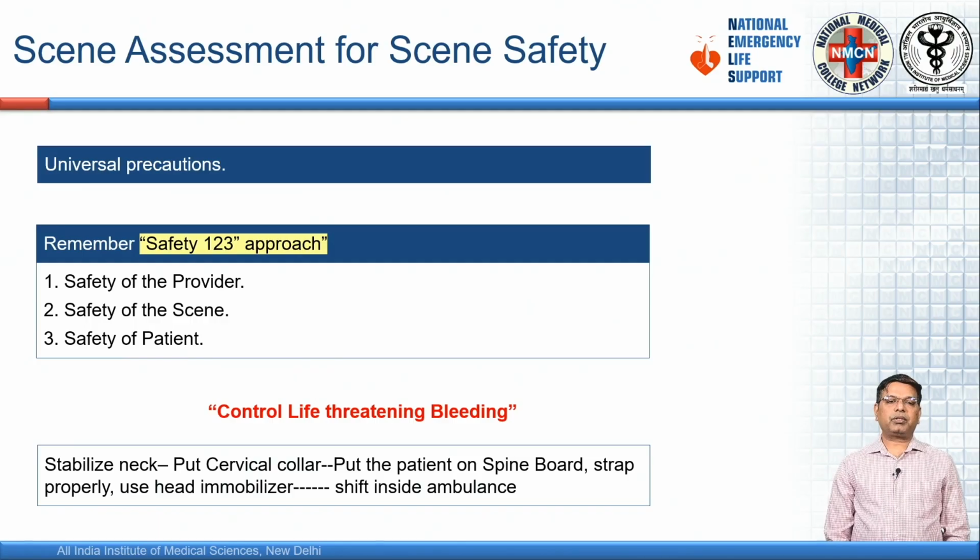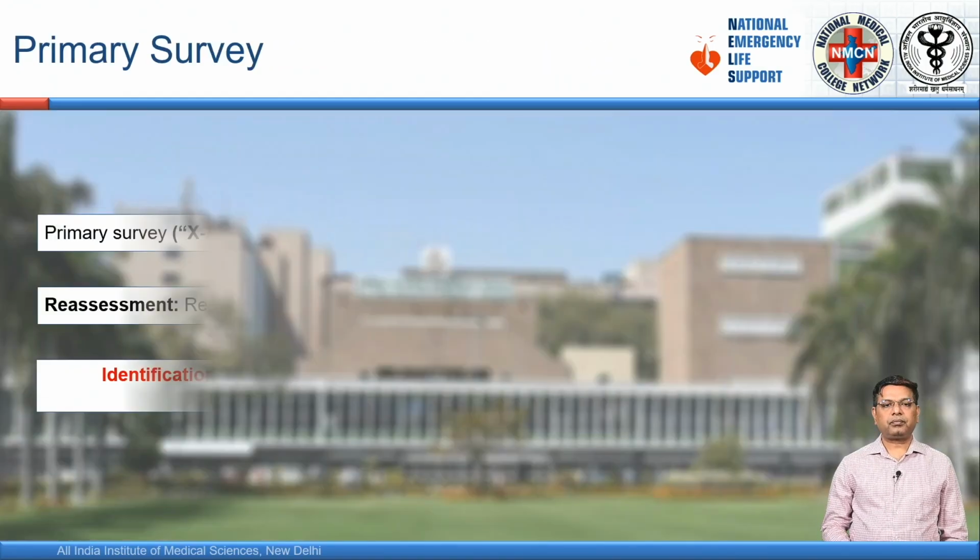The first and foremost idea is controlling life-threatening bleeding, which we call exsanguinating bleeding. When you approach this patient, you have to take the patient to the safer side, stabilize the neck, put on a cervical collar, put the patient on a spine board, strap, immobilize the head, and shift inside the ambulance.